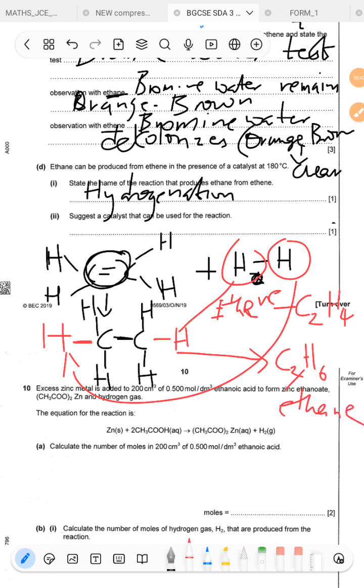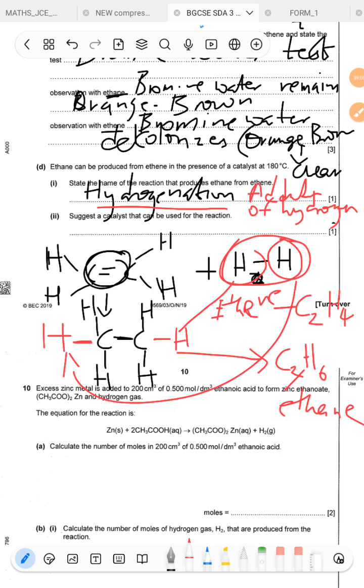So the addition of hydrogen to an alkene is called hydrogenation. You can alternatively write addition reaction with hydrogen.